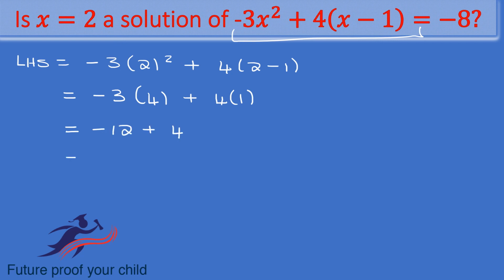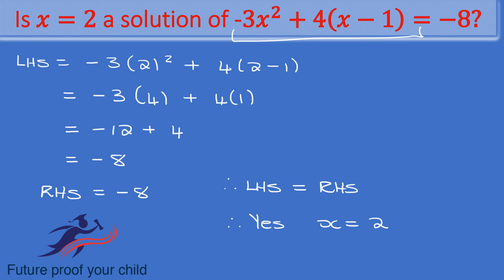And negative 12 plus 4 is indeed negative 8. And if you look at your right-hand side, in this case, it's also negative 8. So I can see my left-hand side is indeed equal to my right-hand side. So yes, x equals 2 is a solution. Why? Because it made my left-hand side and my right-hand side equal.